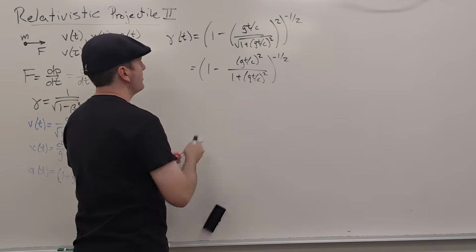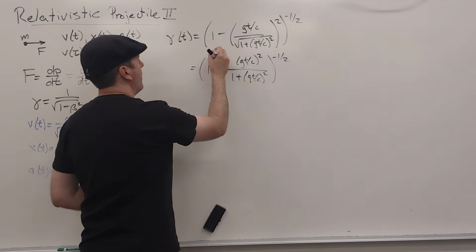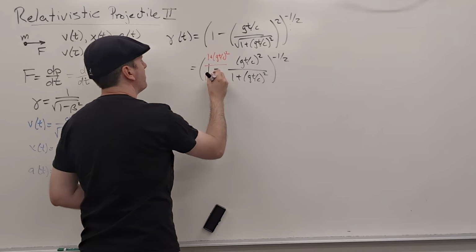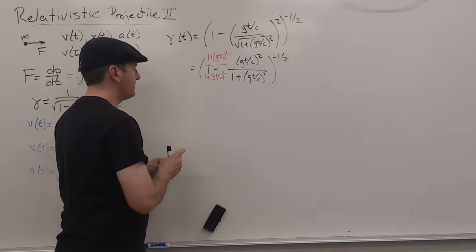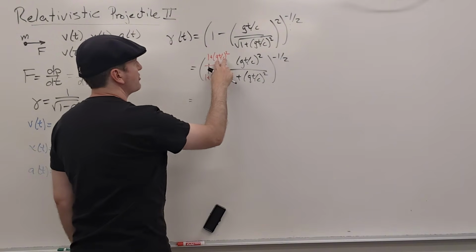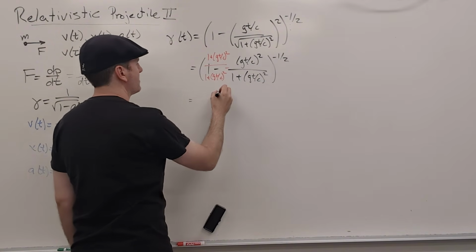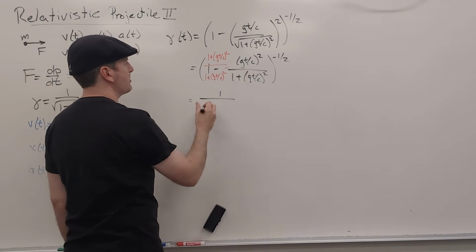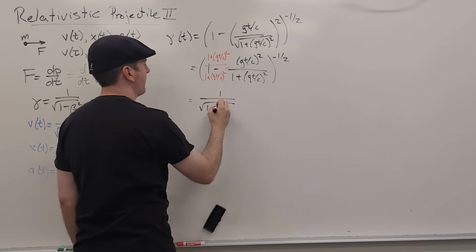So let's go ahead and change this first guy into a 1 plus gt over c squared over 1 plus gt over c squared. And then we'll subtract. When I do the subtraction, the quadratic terms actually cancel. And these will be the same thing, so I might as well just write it like this.